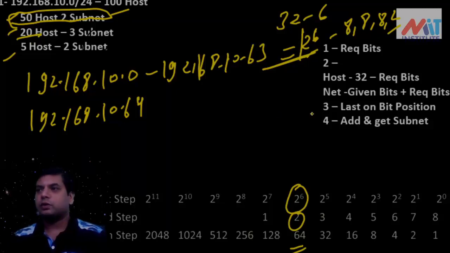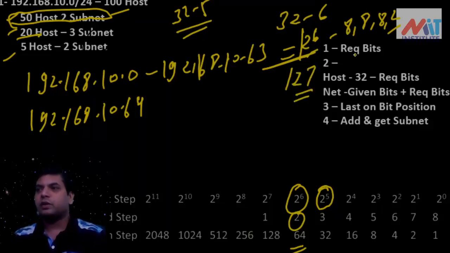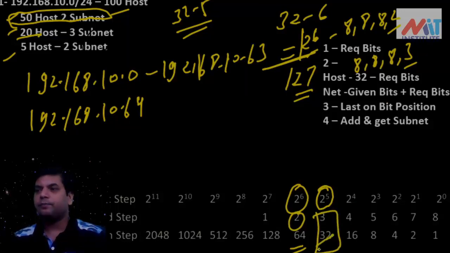So for 20 hosts we need 5 bits, so 32 minus 5 gives us /27. So with /27 we have 8, 8, 8 and 3. The last on bit is in the third position, so we need to add 32 in the fourth octet.